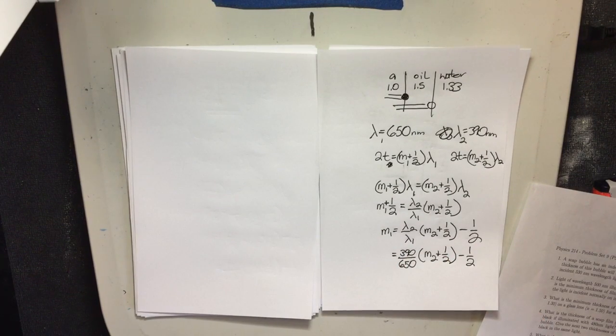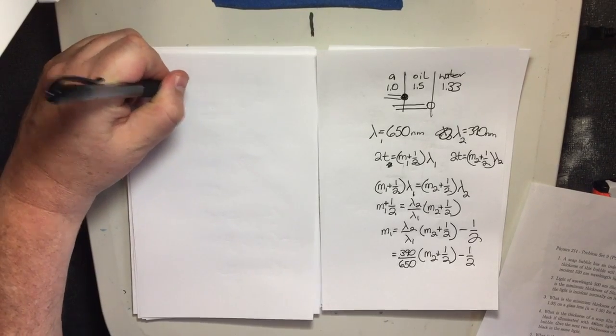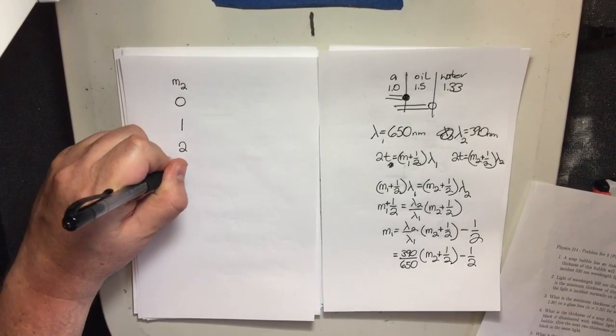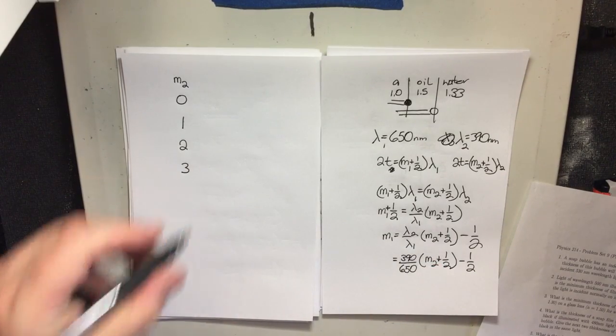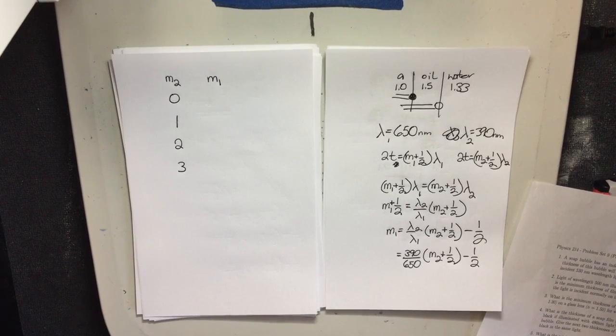M is going to give you an integer. What you need to do is, you plug in M2 into this equation, and you solve for M1. If you get an M1 value that is not an integer, you throw it out.